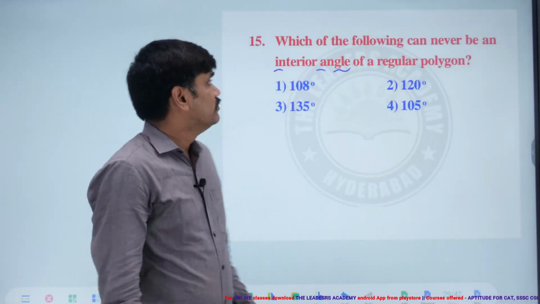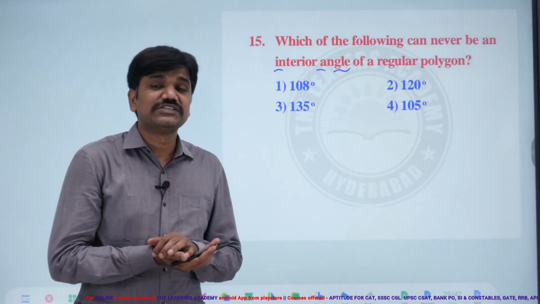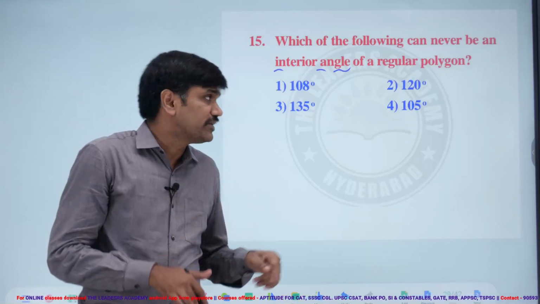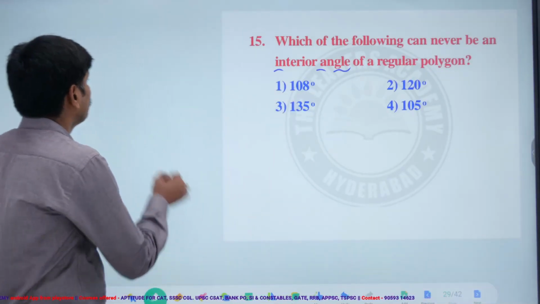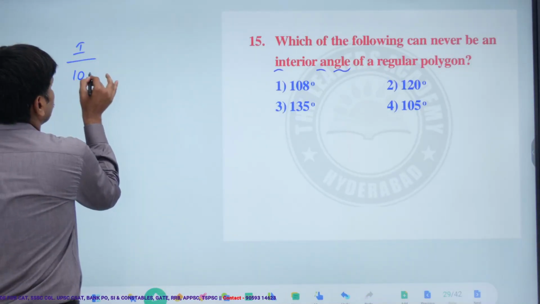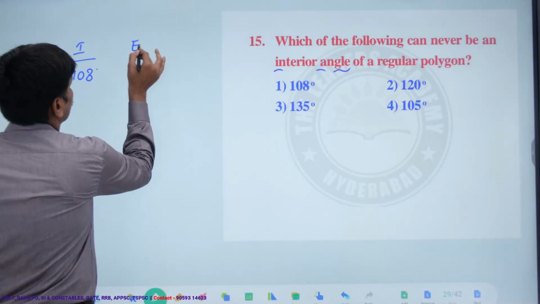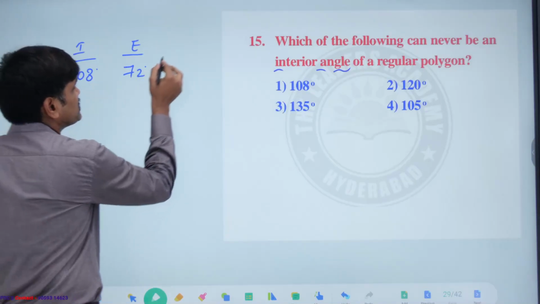What is given? Which of the following can never be an interior angle of a regular polygon? So if this is given, you better take the pair of exterior angle of it, then solve it. How, sir? Interior angle. If interior angle is 108 degrees, exterior angle will be how much? Together should be 180 now. If it is 108, exterior angle will be 72.